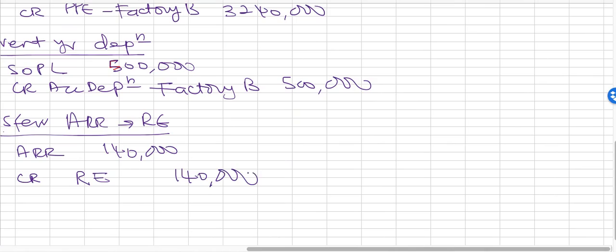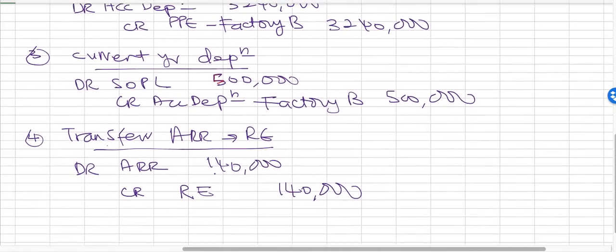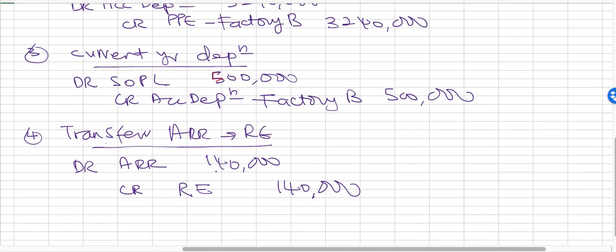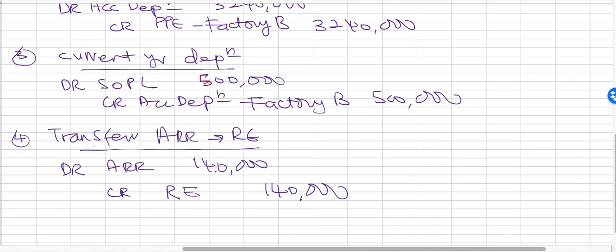Okay, now that's it for that question. It's just that I want to explain to you why the standard allows a company to transfer its surplus into retained earning.